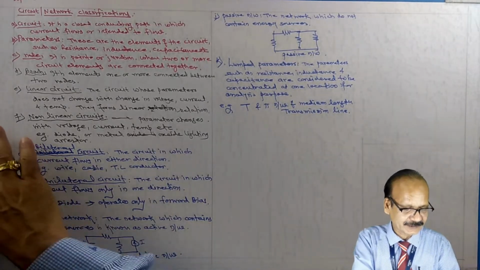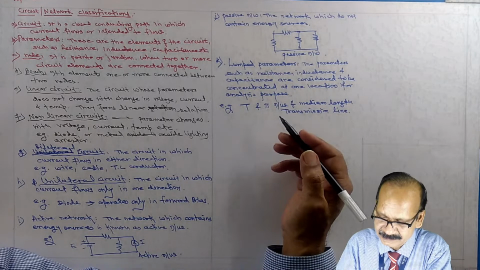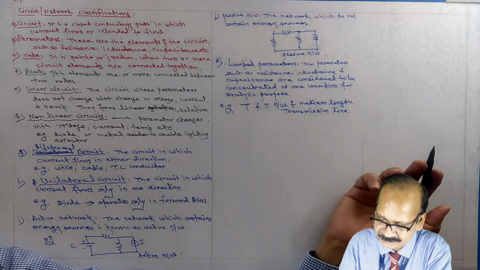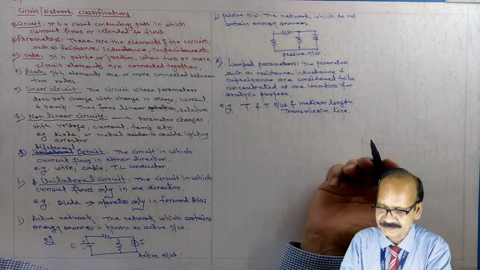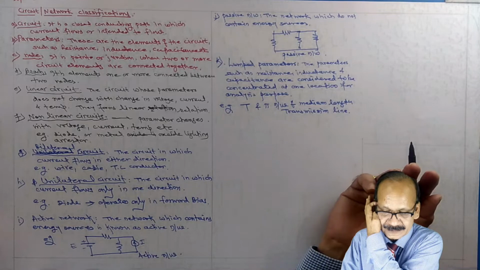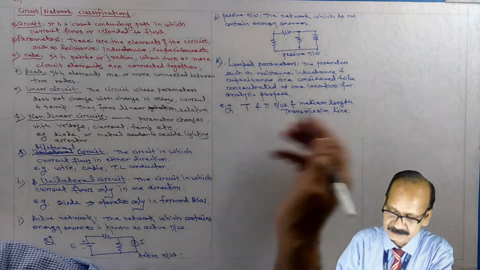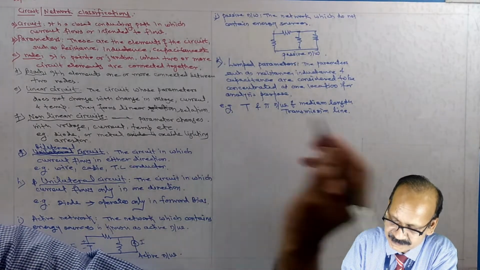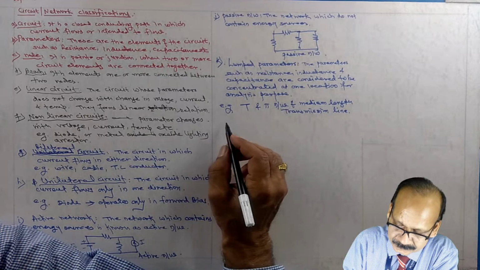In the T network, the capacitor is assumed to be concentrated at the center of the line, and in the pi network, the capacitor is assumed to be concentrated at the two ends of the line, each half. So these are lumped parameters, which are considered to be concentrated at a particular location.